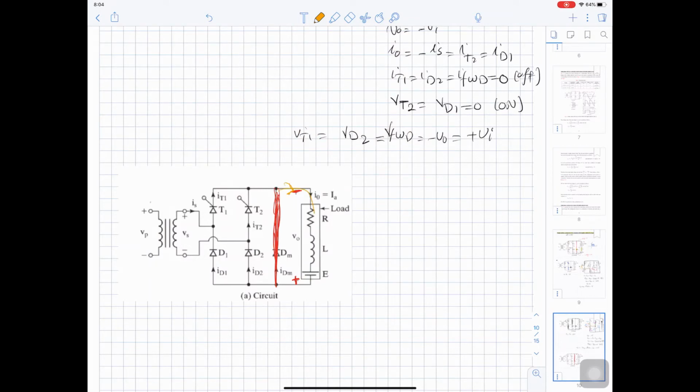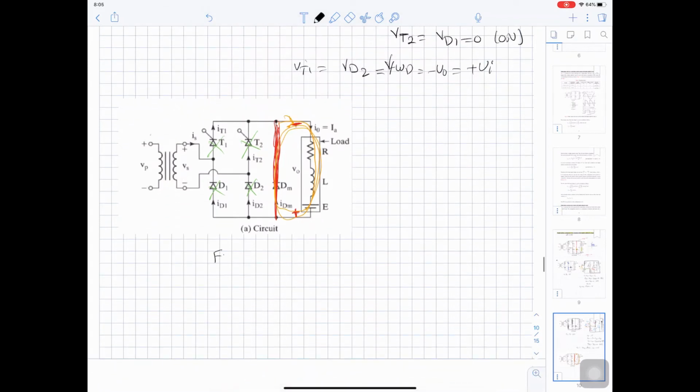So the current will be circulating in this loop. That's why we call it freewheeling. And all the other switches will be turned off. So in this case, when the freewheeling diode is on, thyristor 1, thyristor 2, diode 1, diode 2 are off. So all of them are off.